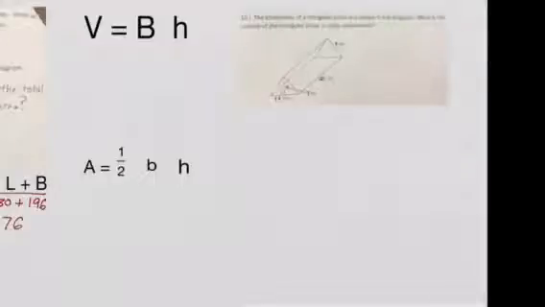So we can tell if we look here that our triangle has a base of 11 and a height of 7. So we're going to need to do that 1/2 base times height, the formula for area of the base, and then the height of the prism is the distance between the two bases, which is 21.